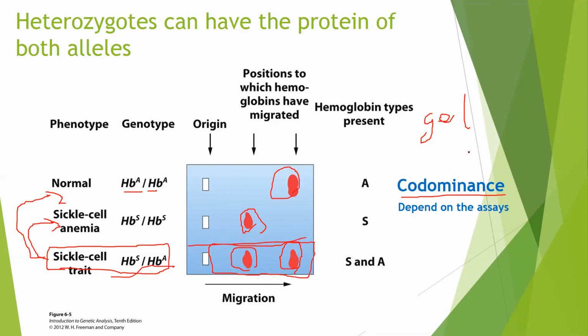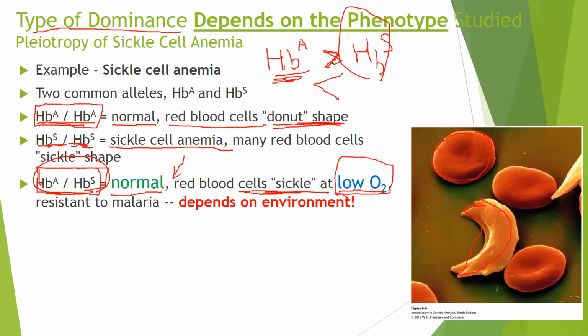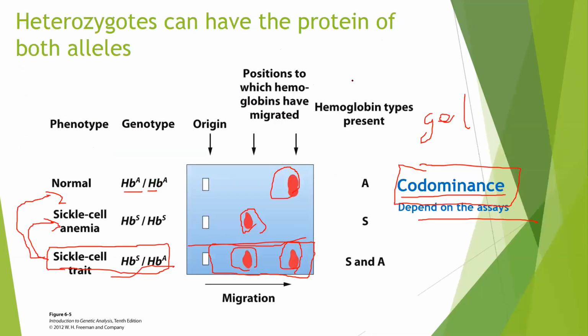So in this situation, when we use a different assay to study these two alleles, the relationship between these two alleles changed again. Now the relationship becomes codominance. Not like this one, where one is dominant and the other is recessive depending on the environment.